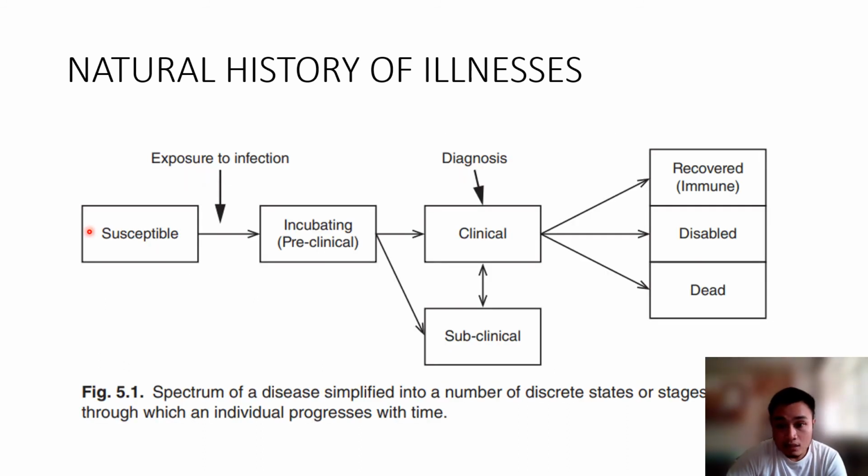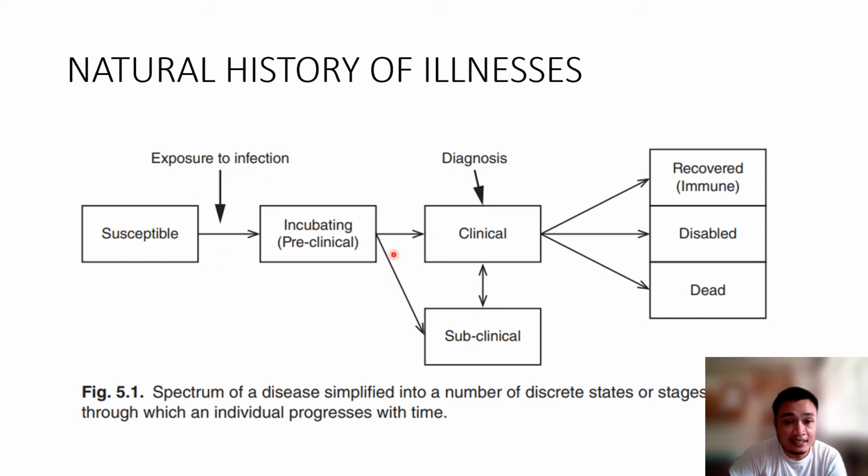So for the disease to develop in an individual, the animal or the person must be susceptible to the disease. And when exposure occurs, the animal progresses into the incubating or the preclinical side of things. So it may go into two directions.